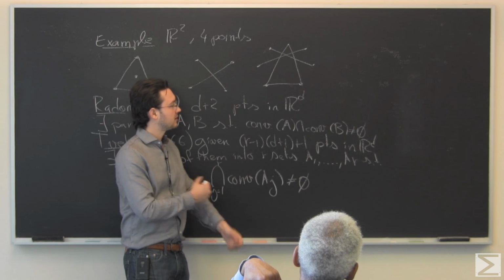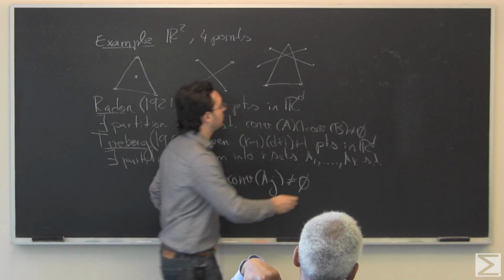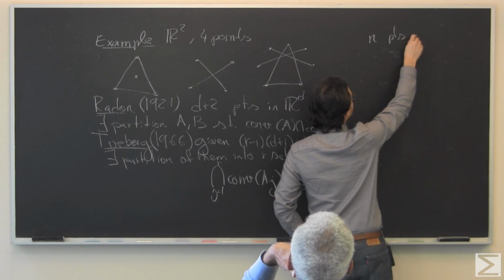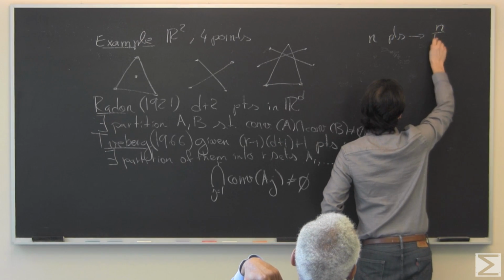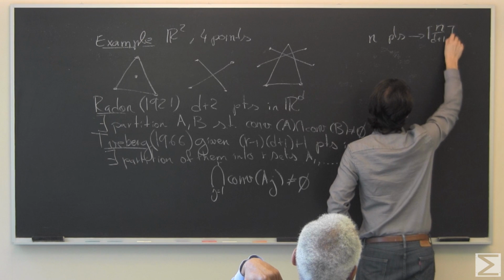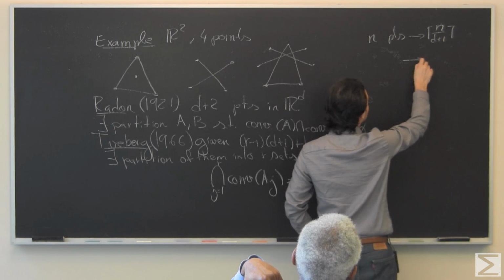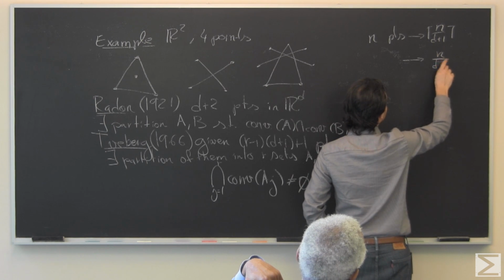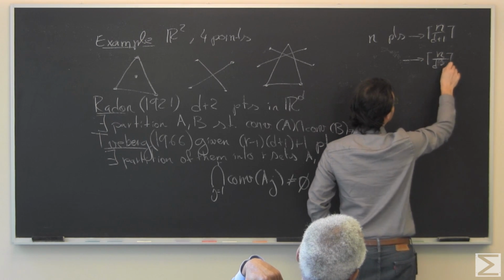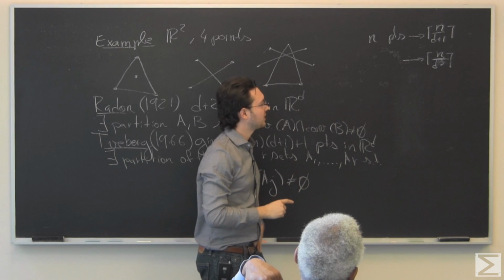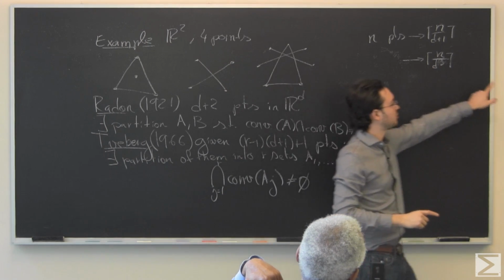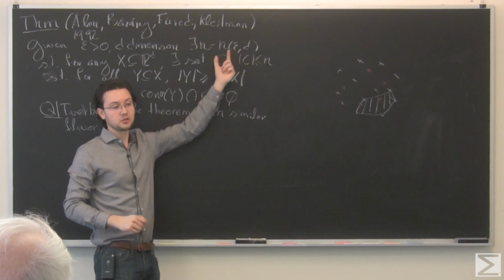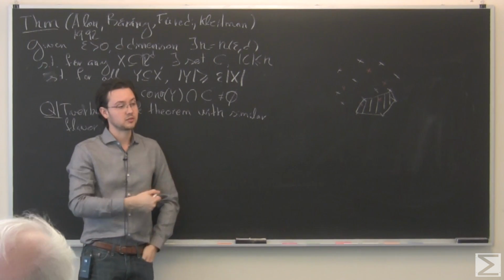But if I give you n points, Tverberg's theorem tells you that you can split them into n over d plus 1 pieces. The efficient algorithms, I think with n over d cubed pieces, you can get stuff like this. And I think even this version is strong enough to prove something like this, maybe with a very bad n here. Okay, so you could use those iteratively to construct this.